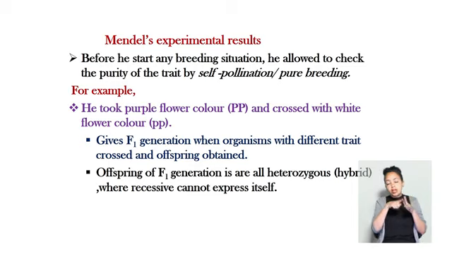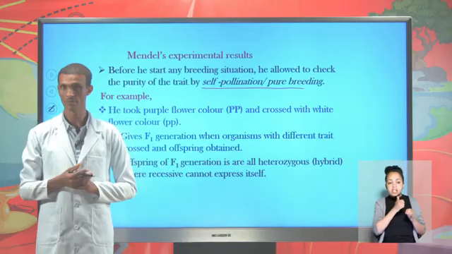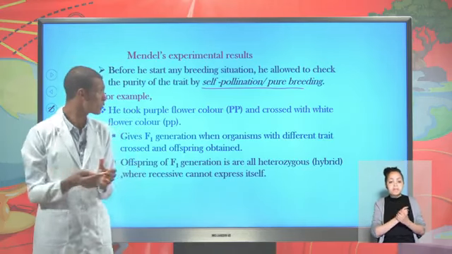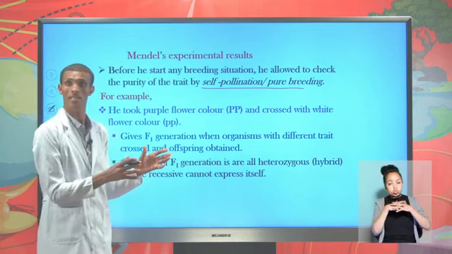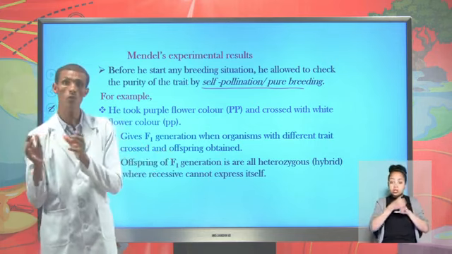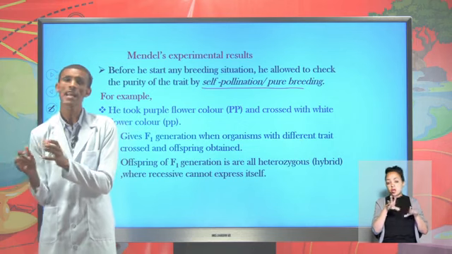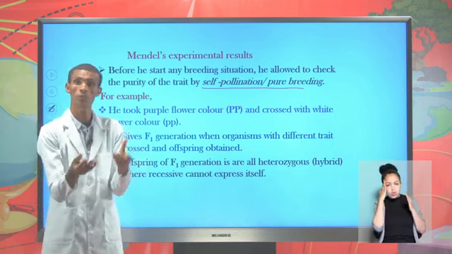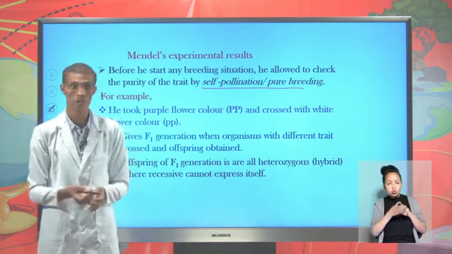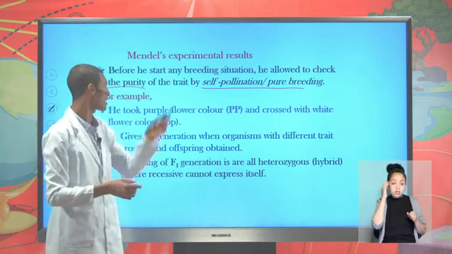Before he started any breeding, he checked whether the character he selected was pure or not by carrying out self-pollination. He wanted to cross the homozygous dominant trait with the homozygous recessive trait and see whether the final cross is homozygous or not, to understand the purity of the traits.